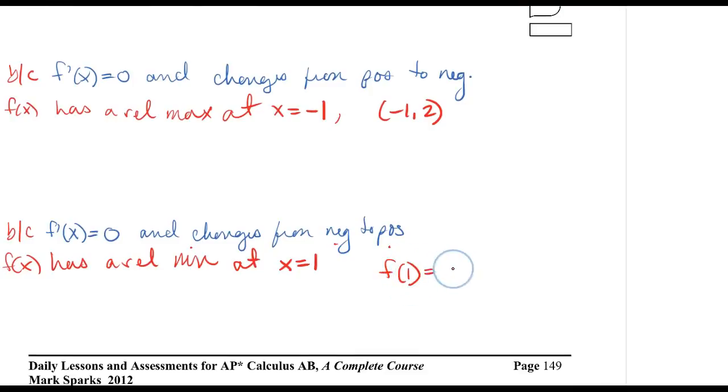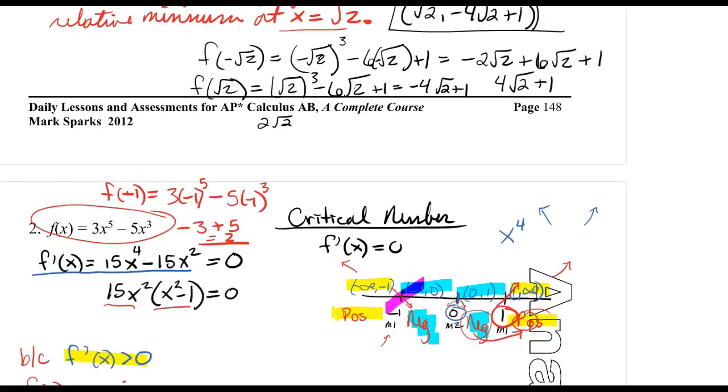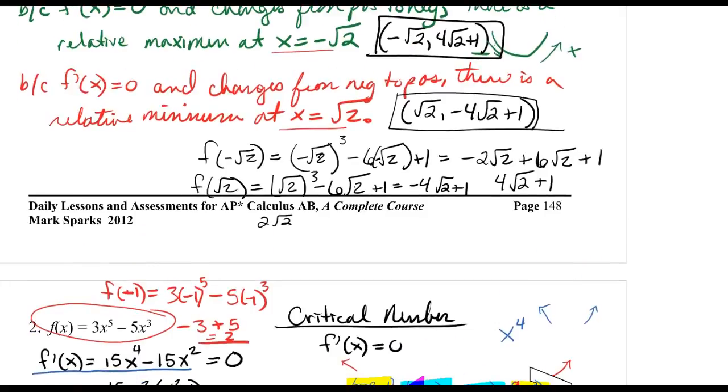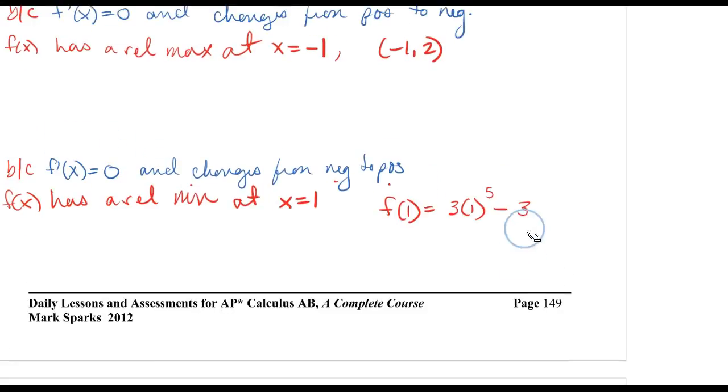So f of 1 equals 3 times 1 to the 5th minus 5 times 1 to the third, or 3 minus 5 equals negative 2. So my coordinates are at 1, negative 2. And we're done. Much more quickly than the previous time.